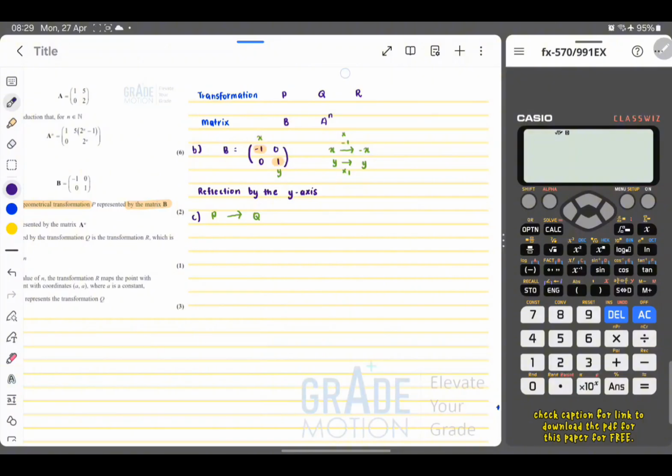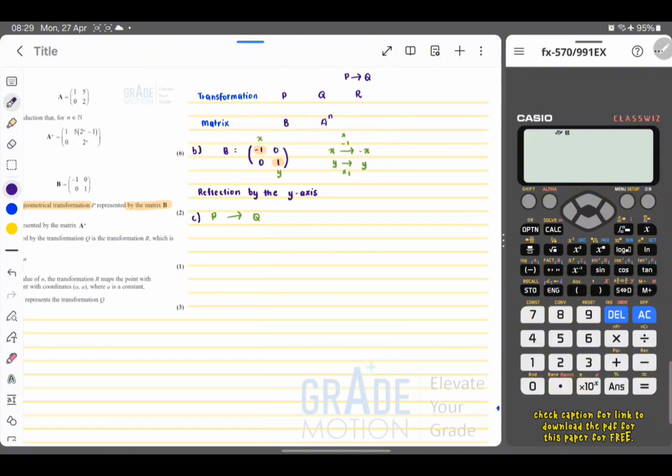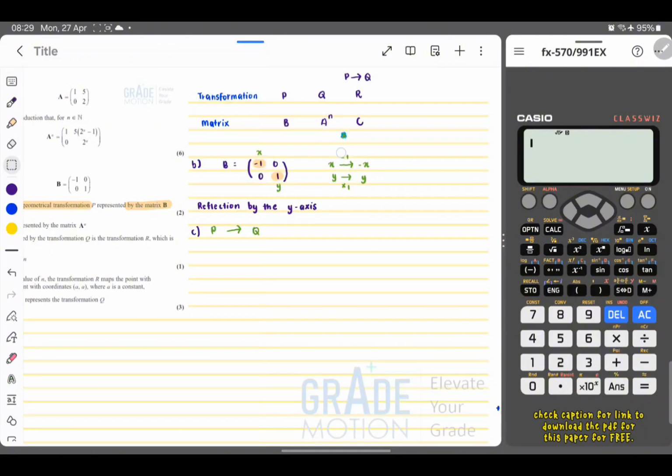We begin with P and then we have Q. Transformation R is represented by matrix C. So for transformation R, what's the matrix? The matrix is C. We have to be very careful to distinguish between the transformation and also the matrix.